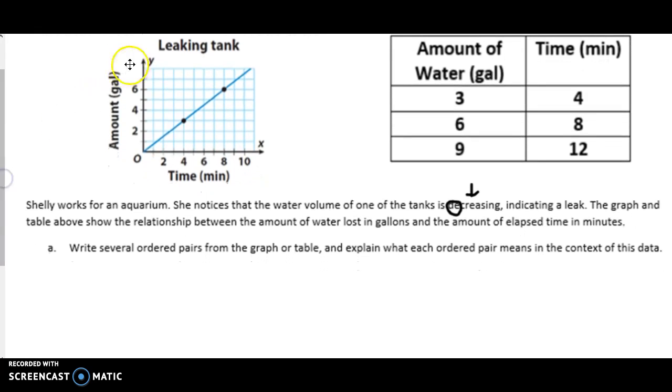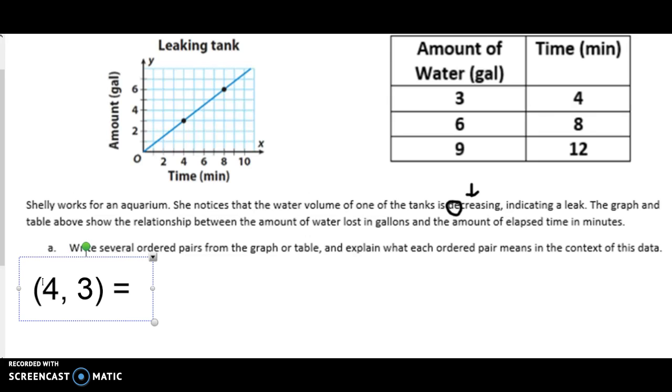time. All right, so class, I'm looking back at my graph, and I know that I want to find a point that has a clean intersection where I can clearly read the X and the Y coordinates. So I'm looking at this dot, and I see that the X is 4 minutes, and the Y is 3 gallons. So I would write that as (4, 3).